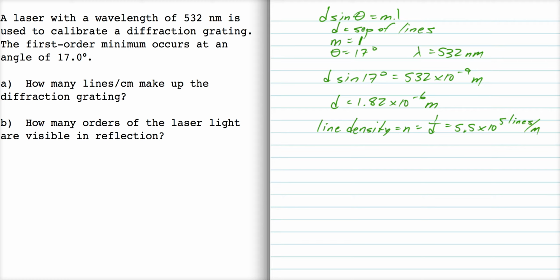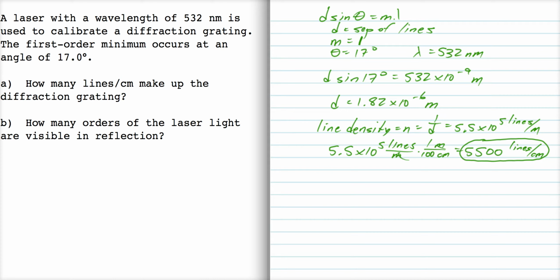But the problem asks for lines per centimeter, so I'm going to take 5.5 times 10 to the 5th lines per meter and convert to lines per centimeter. So that's 5.5 times 10 to the 3rd, or 5,500 lines per centimeter for the line density.